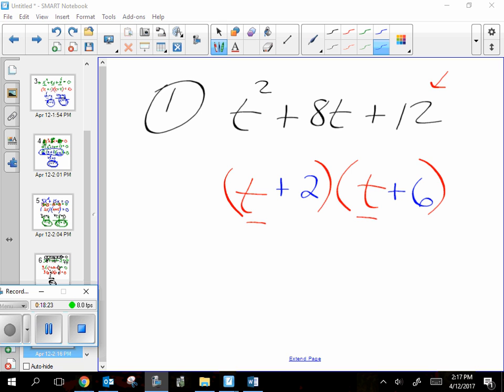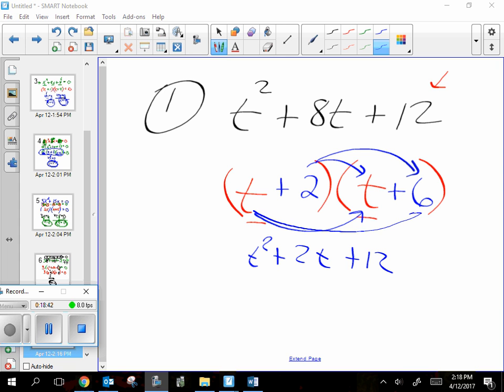3 and 4 also makes 12. But 12 and 1 also makes 12. But let's see if this one works. Now you got to do all 4 parts. Those are all 4 parts.